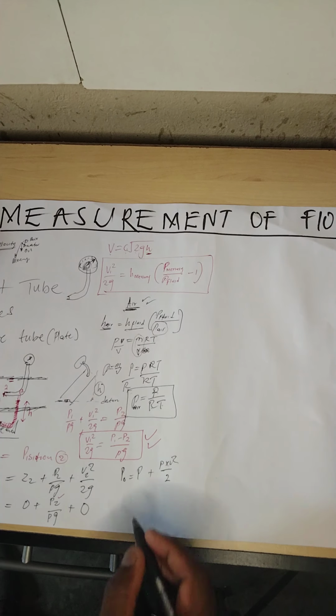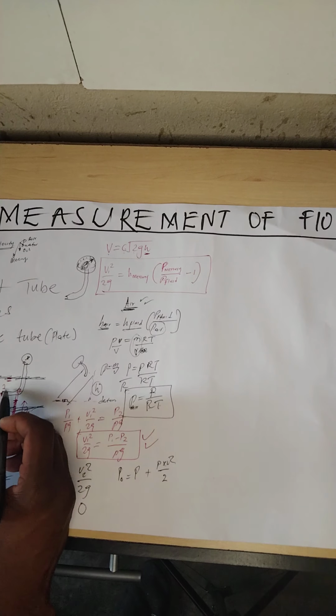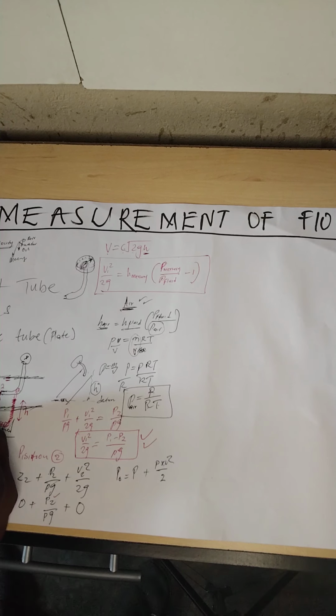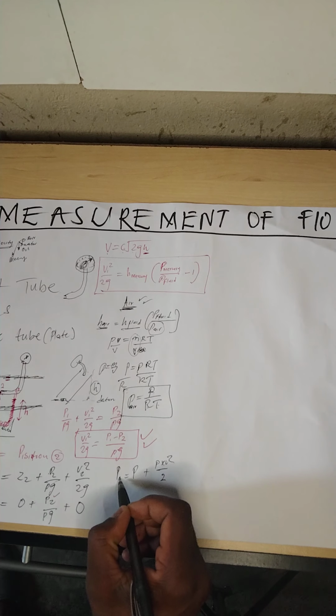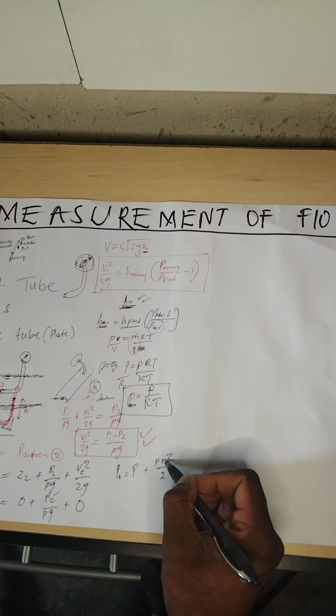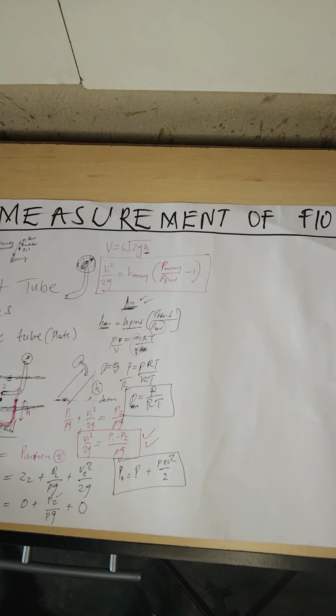You see this? Remember, here at stagnation, I just forgot to explain this equation when I was busy with stagnation. Here at stagnation and here at the pressure in the pipe, we're always going to say pressure at stagnation equals pressure in the pipe plus rho multiplied by V squared over 2. This is the equation we're going to use as well.